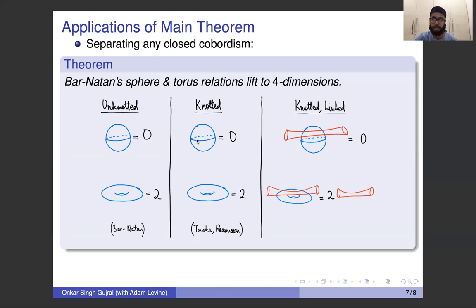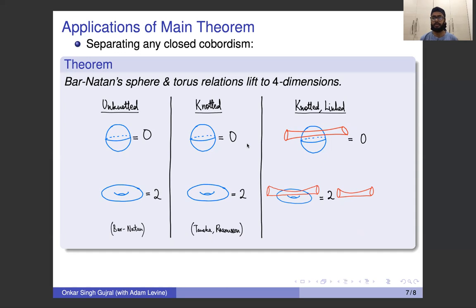And if you had a knotted sphere, that induces multiplication by 0, but this is a fact that in particular did not require any work of Tanaka or Rasmussen, but just follows by observing closely what is happening with the gradings.